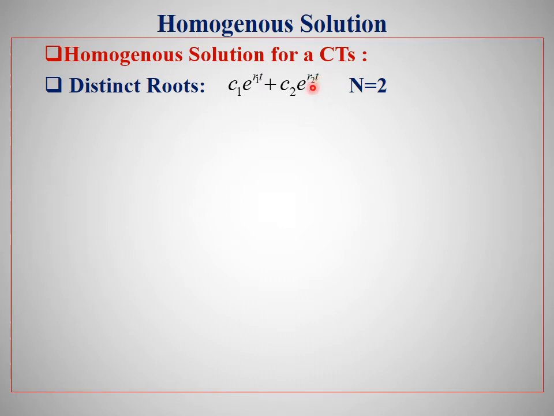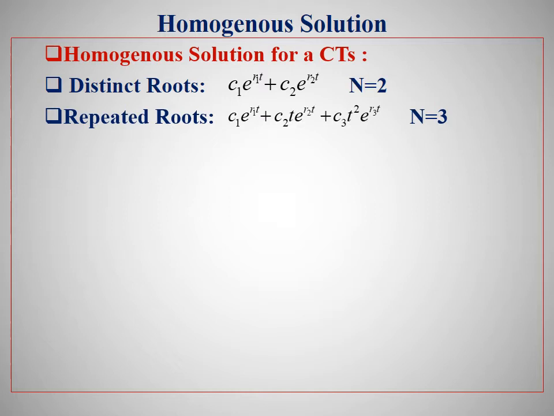For repeated roots with n equal to 3, the solution becomes C1 e power r1t plus C2 t e power r2t plus C3 t squared e power r3t, which means the three roots are getting repeated. If there are only two roots, the expression would have only these two terms.